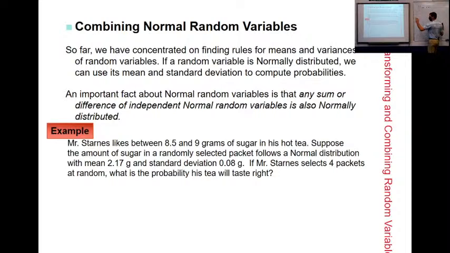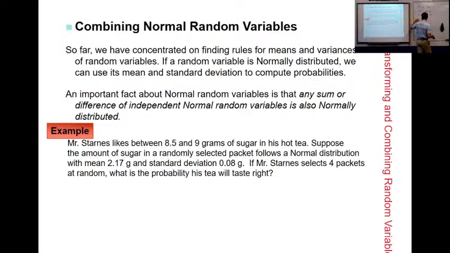And so, if we are using 4 sugar packets, then T, let's use T for total sugar. Then T is just S plus S plus S plus S. And so we're going to get the mean and standard deviation from there.